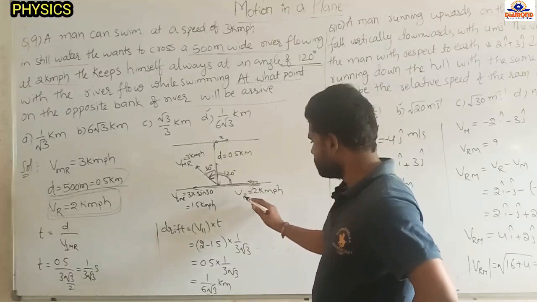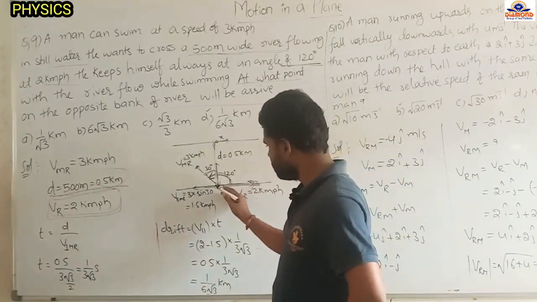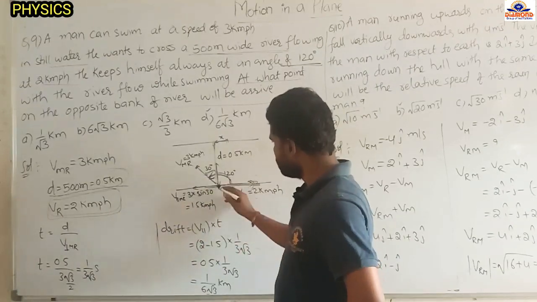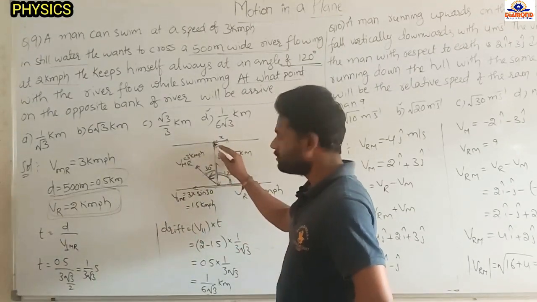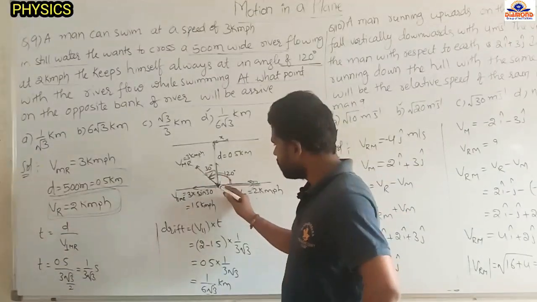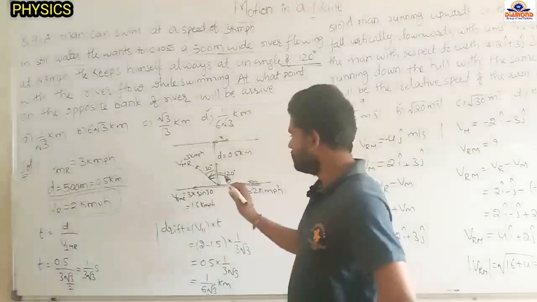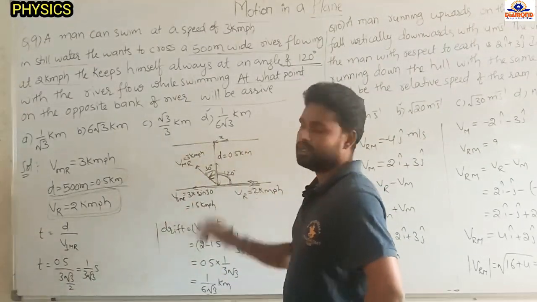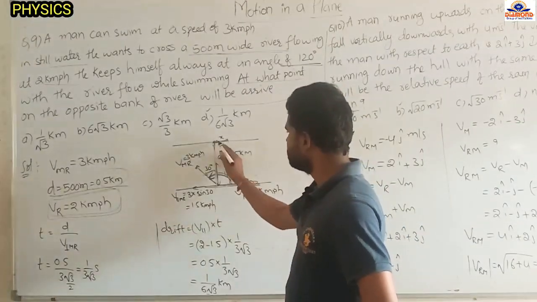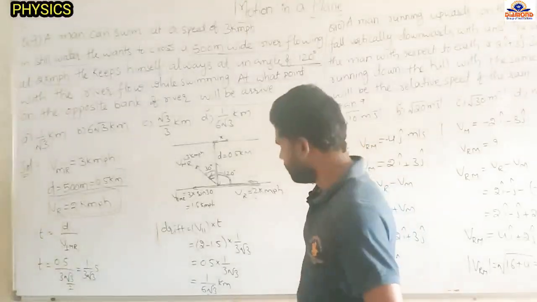Suppose the river velocity is cancelled by the horizontal component of his velocity, then he will reach directly opposite to this point, and drift is 0. If the horizontal component is not balancing the river velocity, then we will get a drift. If this one is more, drift is this side; if that one is more, drift is the other side.